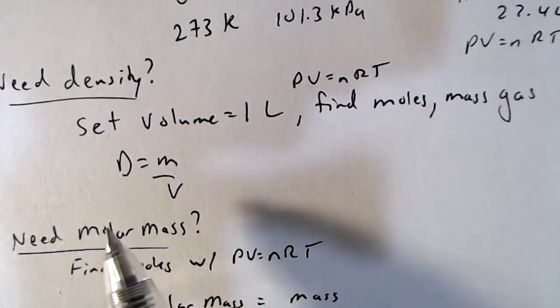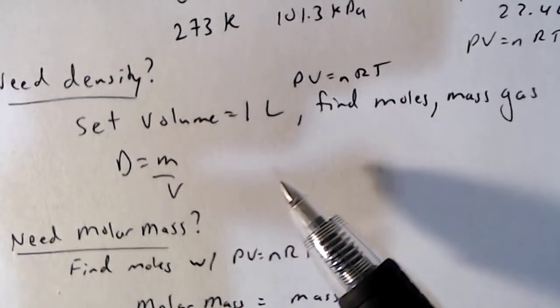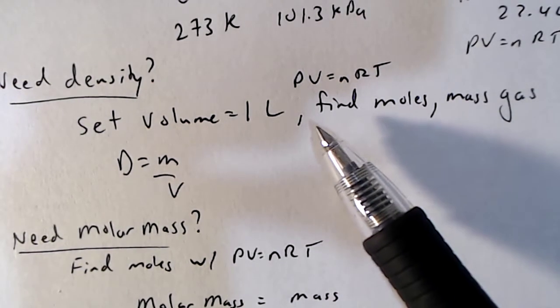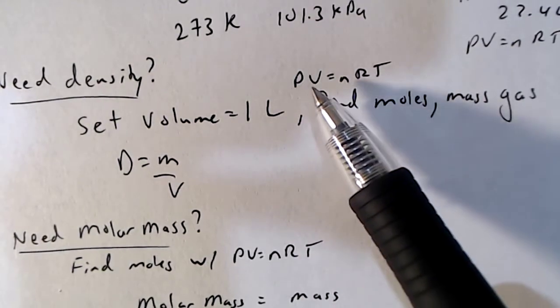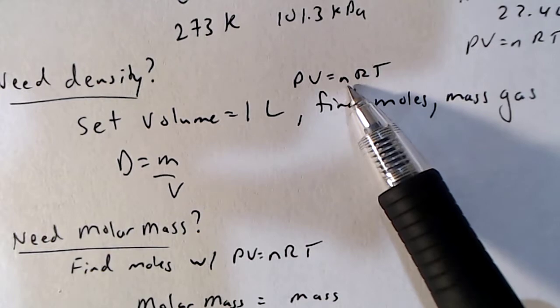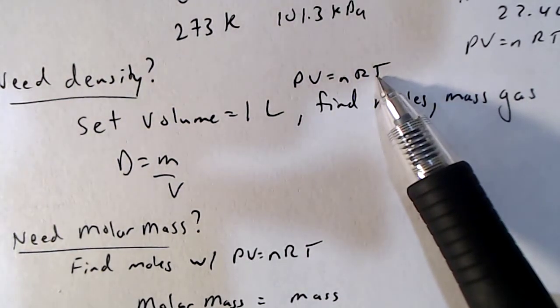You should see that substances that have higher molar mass are going to have a higher density. 1 liter of gas is going to have the same number of moles of gas particles in it as long as you have the same pressure and temperature, regardless of the molar mass.